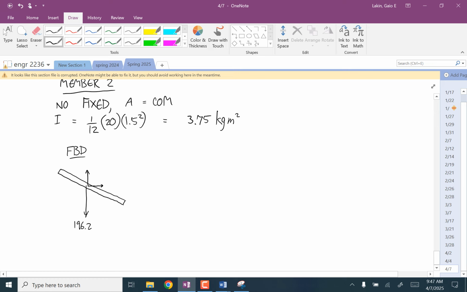Here we have the force on 2 by 1. Well, we've already named force on 1 by 2, so let's write this as negative F12 instead, so we don't increase the number of variables.